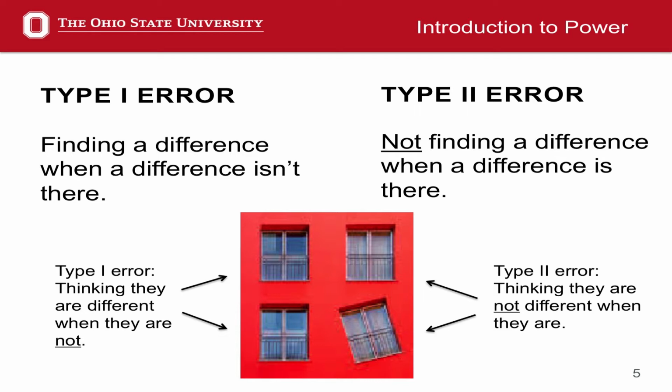I like to think of it as finding it when it isn't there. On the other hand, if you don't find a difference when a difference really is there, so you look at the windows on the right and you think they're not different, then you're committing a type 2 error. So you are missing it when it is there.